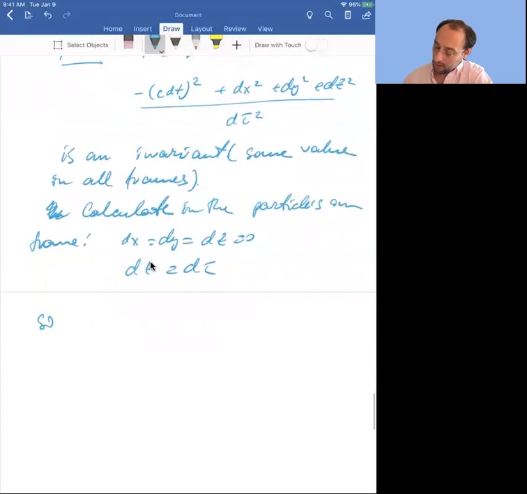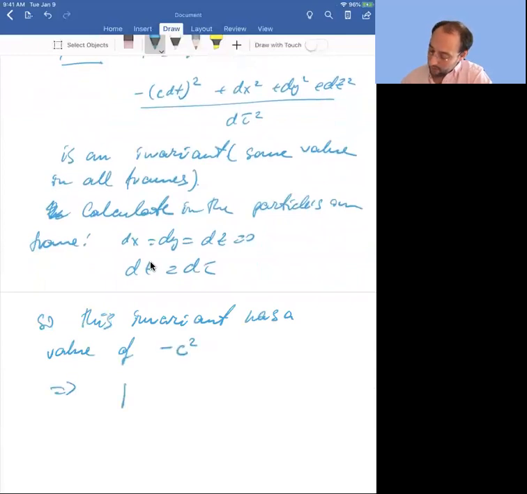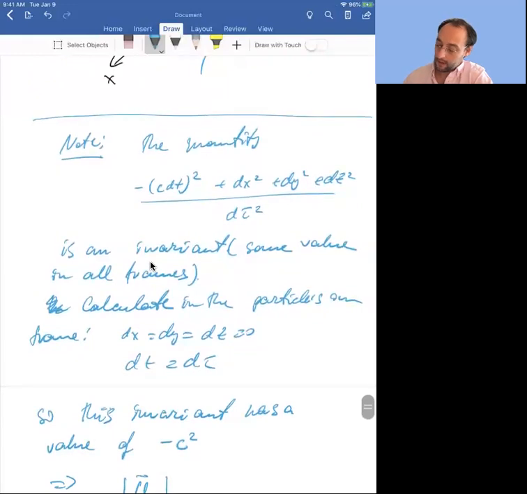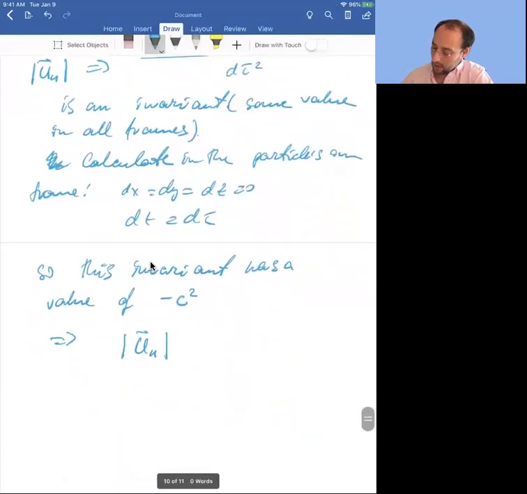So this invariant has a value of minus c squared. So therefore, the magnitude of the 4 velocity, it's just the magnitude of the 4 velocity, right? So this is just the magnitude of the 4 velocity, takes on the value of minus c squared.